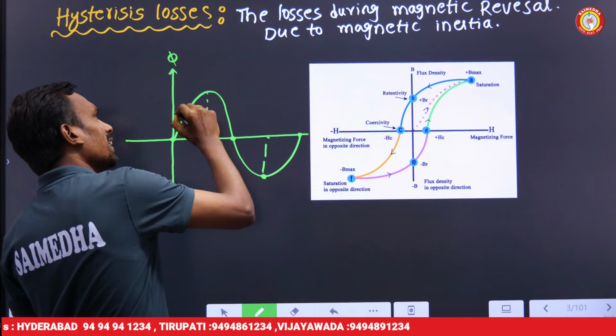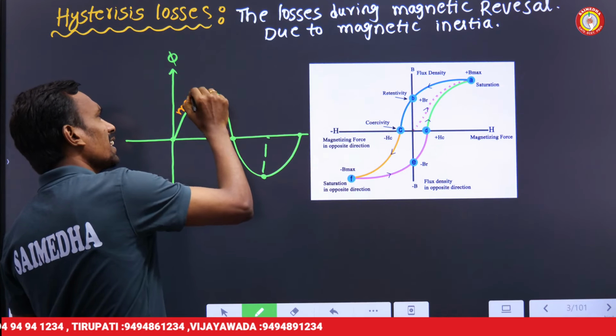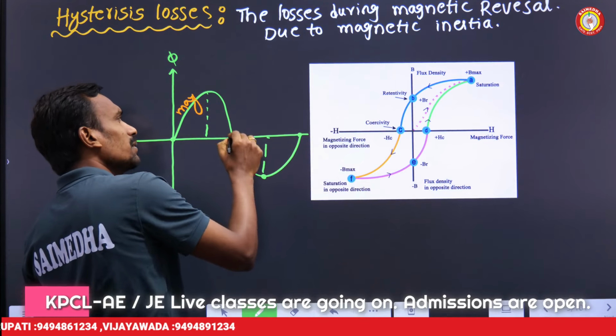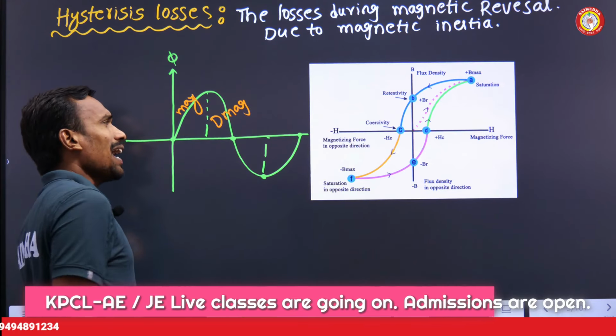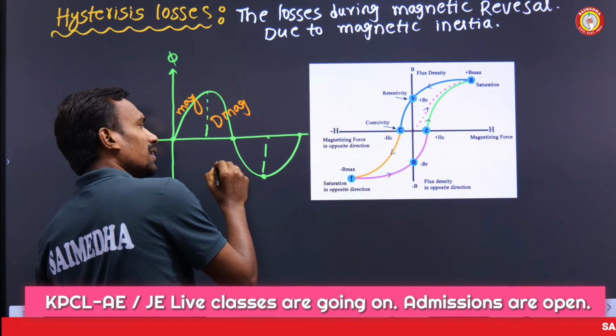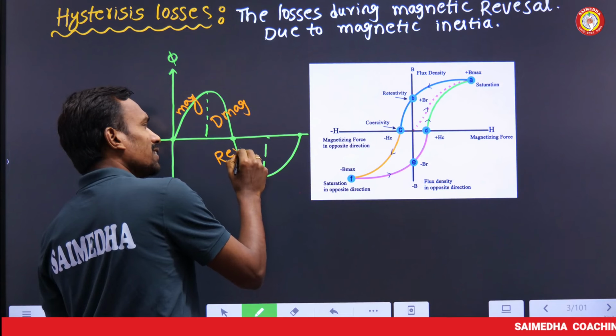Here 0 to maximum is magnetization. Again maximum to 0 is demagnetization. Again 0 to negative maximum is reverse magnetization.